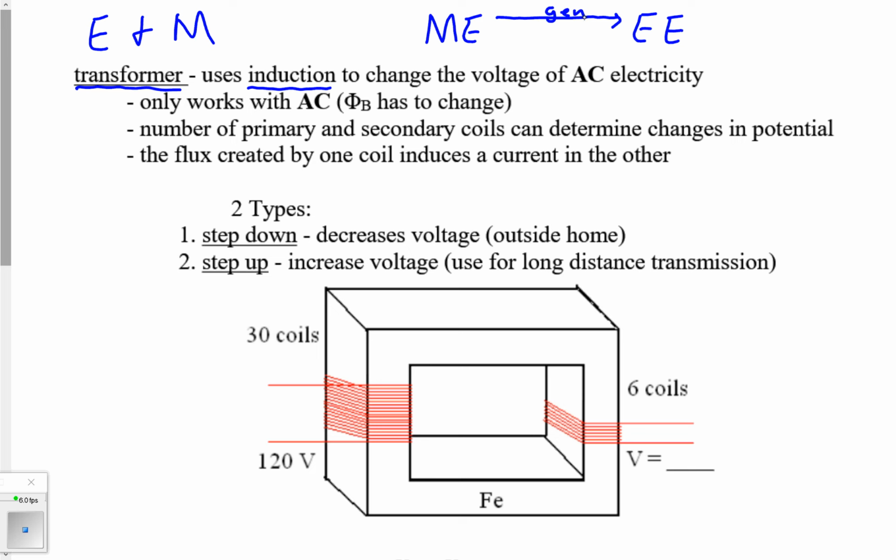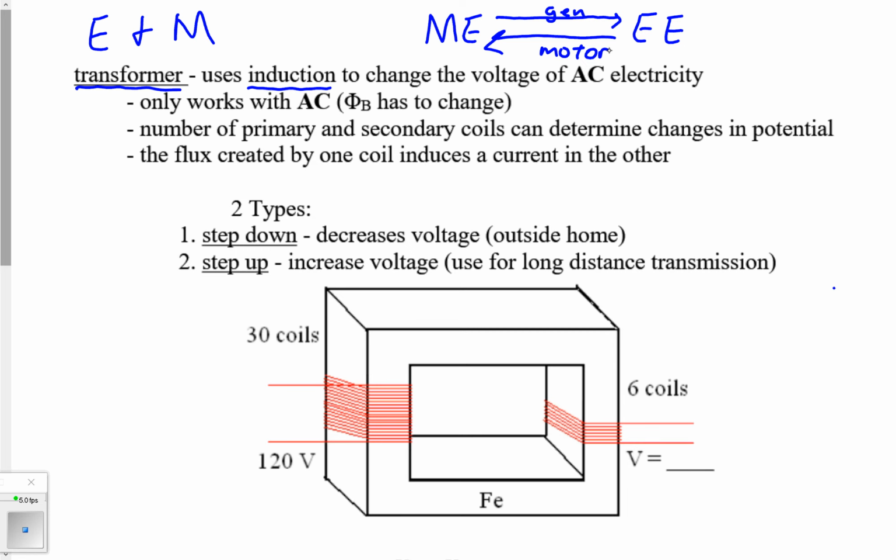A generator takes mechanical energy and transforms it to electrical. Whereas, on the other hand, a motor takes electrical energy and transforms it into mechanical energy. So it's kind of important that you have that down pat.